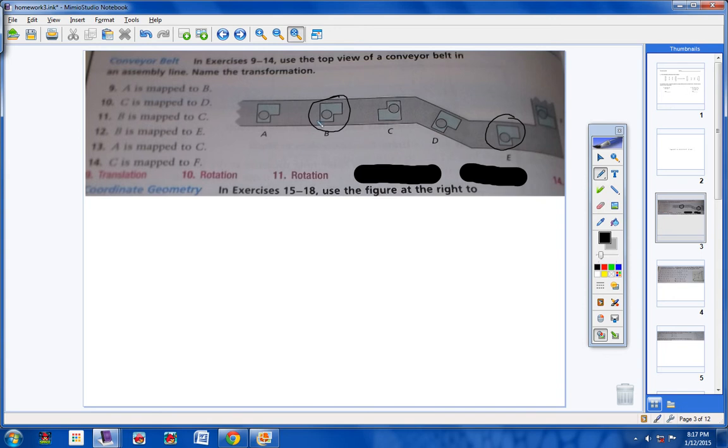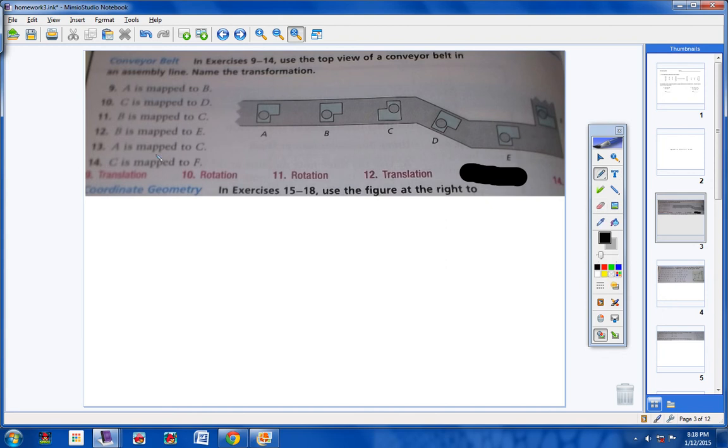Yes, it is. Now it's moved, it's slid down and over, but it's not been twisted, it's not been turned at all. It's not been rotated. It's just gone down and then over, or you can say it went over and then down. We call that a translation.